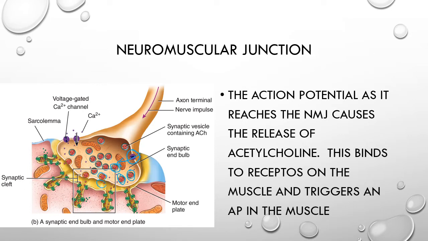So now all of our acetylcholine is moving out into the synaptic cleft. As it binds to the receptors, that then triggers a muscle action potential. Now that action potential is going to travel across the cells, away from that neuromuscular junction, and move along the surface of the cell itself.